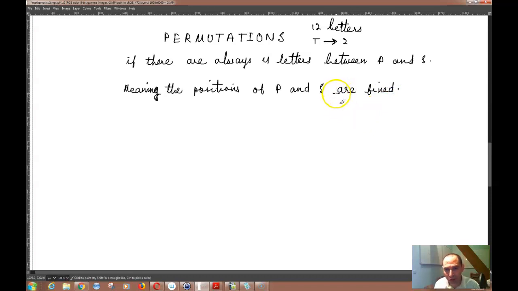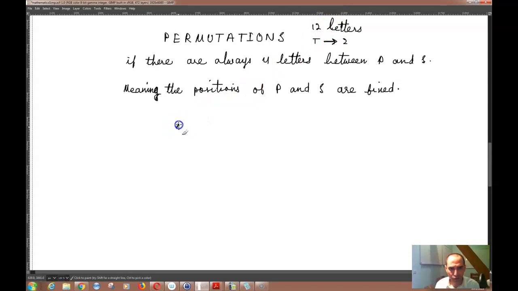Now, when the positions of P and S are fixed, we use permutation for situations where you want to switch things and see what happens when you switch things. But when these 2 letters are fixed, then of course you don't have to switch them.